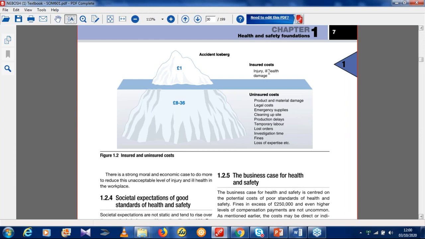That's an example of an indirect cost. You cannot quantify it monetarily, but you can see the effect. The moment you lose the goodwill of your customers or your clients, then your business will begin to dwindle.